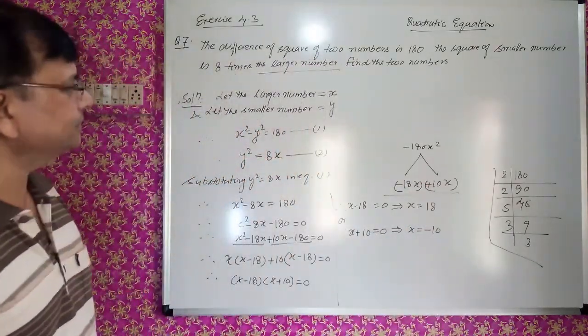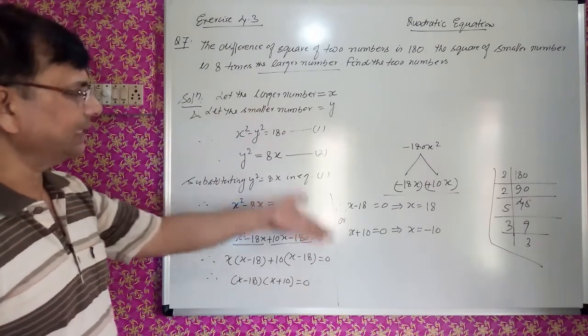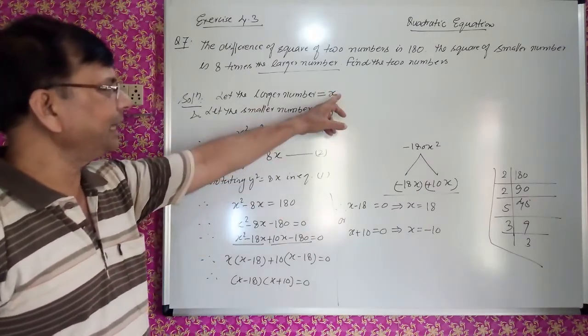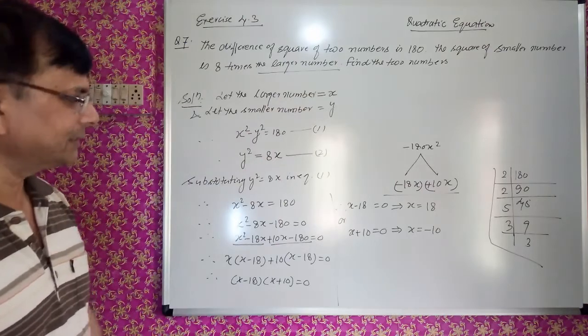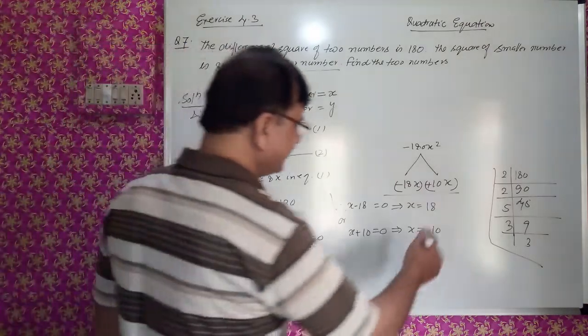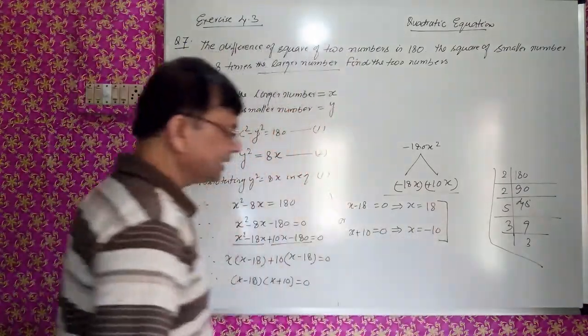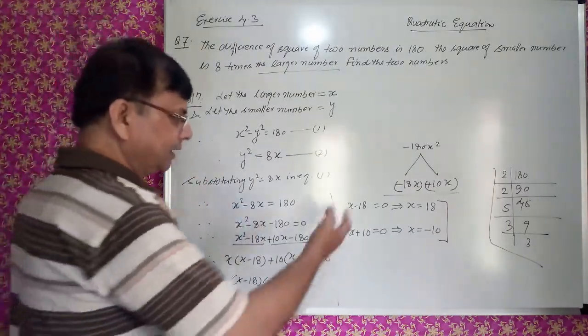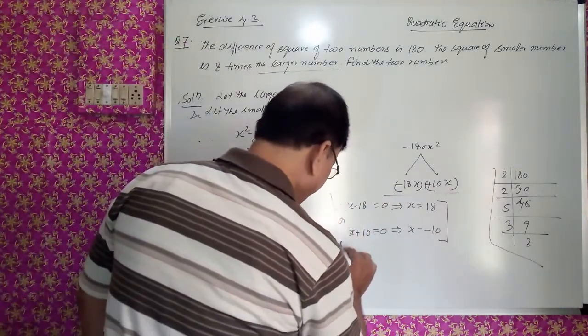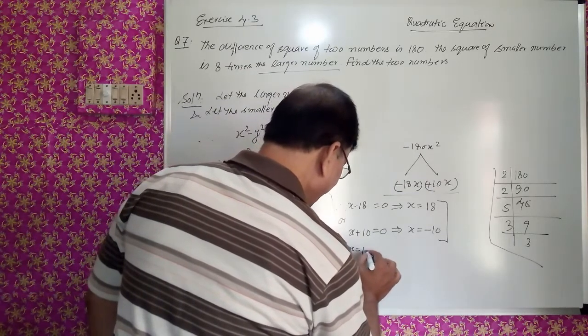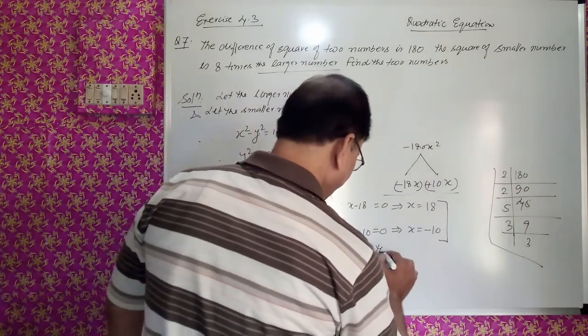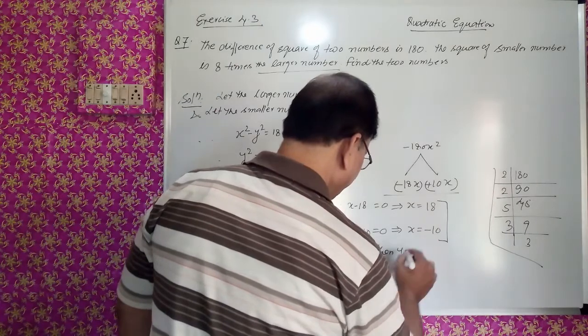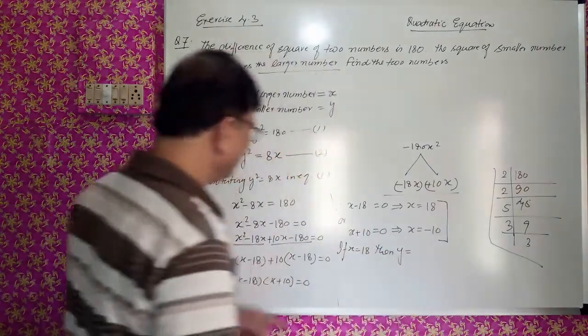So two numbers are known. We can take either of these two. If it is 18, then what will be y? Accordingly we can find the value of y. If x is equal to 18, then how will you find y?